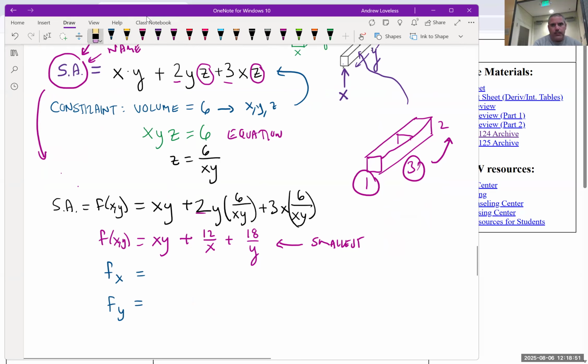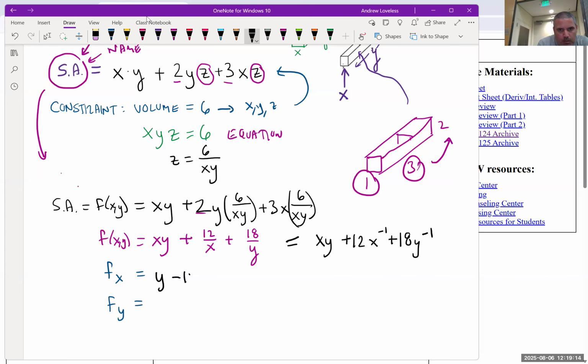And there's a few little things to say here. So first, I like the way it's written now, but if I'm going to do derivatives, I may want to write it this way. Okay, so let's do the derivative. So the derivative with respect to x is going to be y minus 12x to the negative 2.